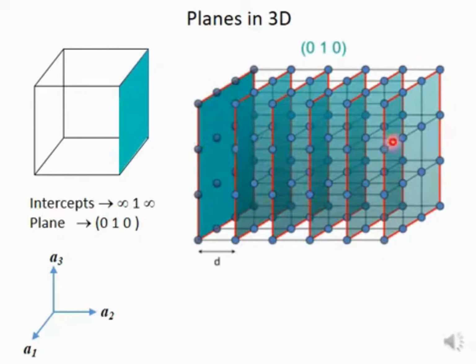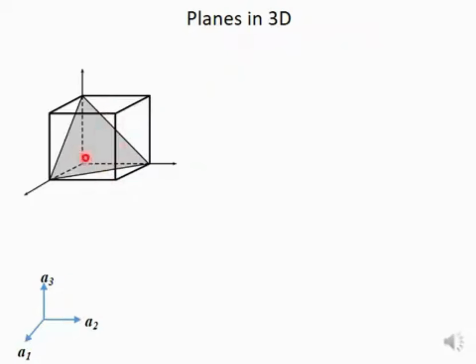So the intercepts are infinity, 1 and infinity. So this is called the 0, 1, 0 plane, and it is equally spaced in three dimensions, simply given by this lattice. The family of planes will be 0, 1, 0, and this will extend like this.